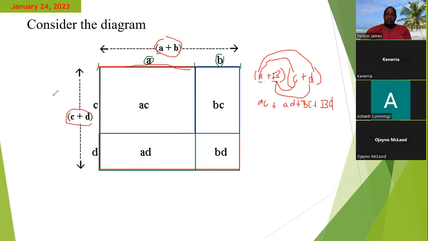So in other words, the distributive property of a binomial is really showing you how you could find the area of a rectangle if you know the length in terms of 2 variables. And then if you know the length of 2 variables, you could cut that rectangle up into parts based on those lengths.